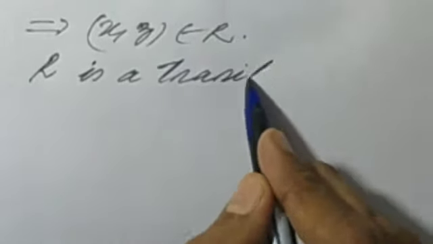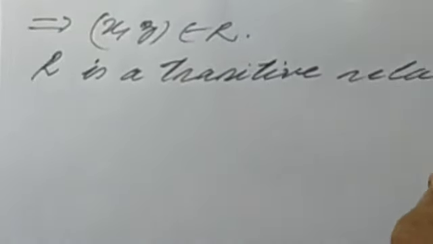Thus we may say that R is a transitive relation. So we have observed that R is reflexive as well as symmetric as well as transitive. So R is an equivalence relation in this case.